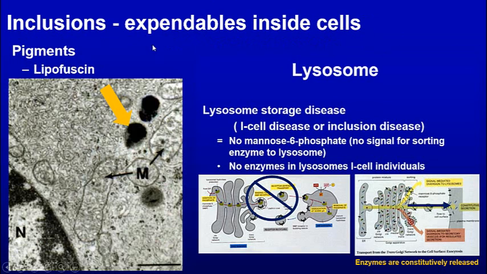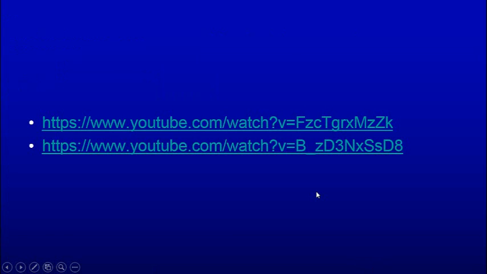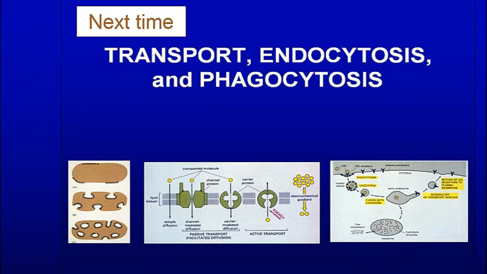So inclusions, expendable. Here we see lipofuscin in through here. I-cell disease is for inclusions. Remember, the enzymes are released constitutively and don't end up, because there's no mannose-6-phosphate, they don't end up in the lysosome as they should. No mannose-6-phosphate, no signal for enzymes to go into there.